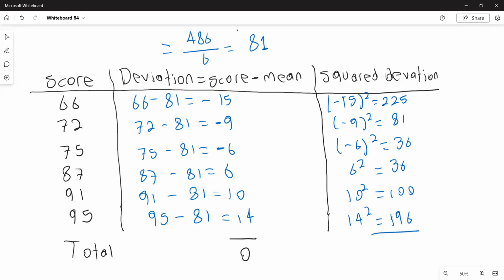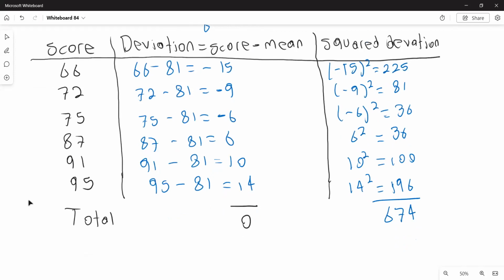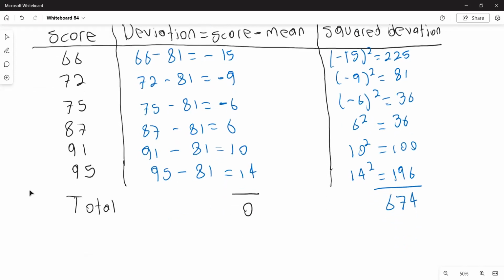Okay, so the sum of the square deviations, if you add these numbers, 225 plus 81 plus 36 plus 36 plus 100 plus 196 is 674. Okay, so we have the first value known as the variance.